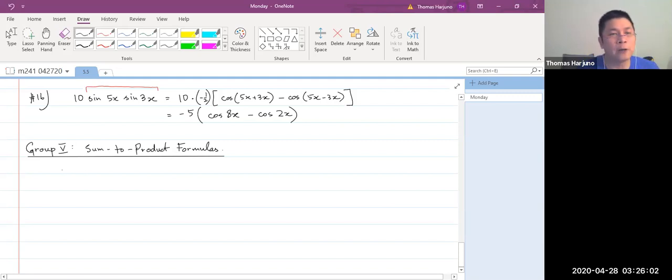The first one is cosine x plus cosine y equals 2 cosine half of the sum times cosine half of the difference.